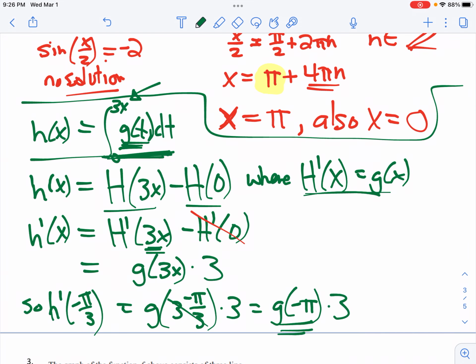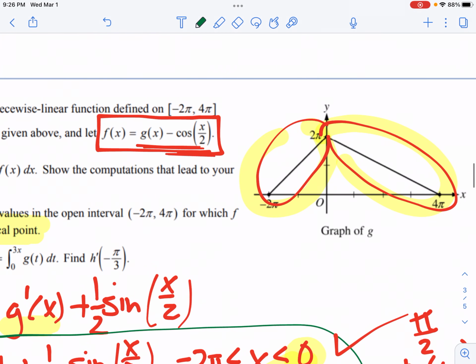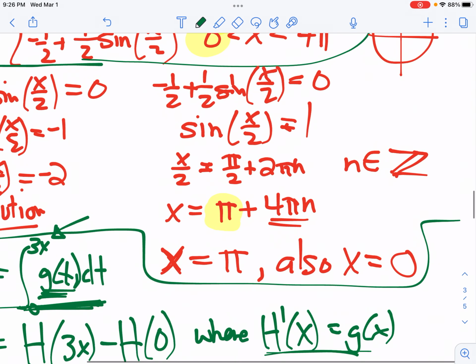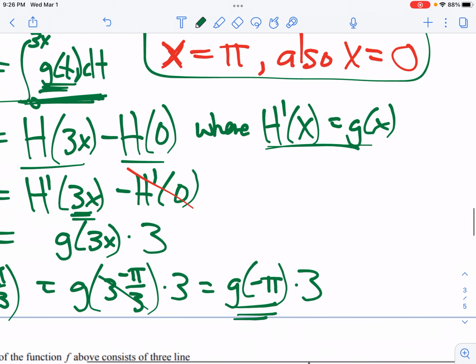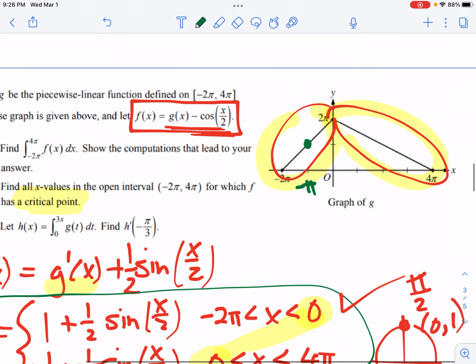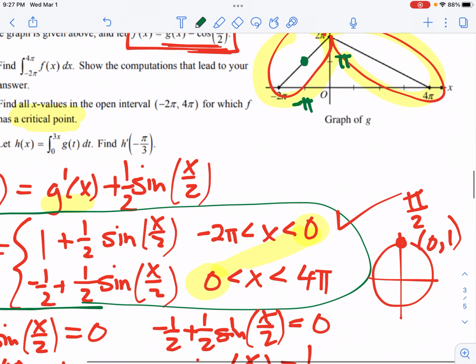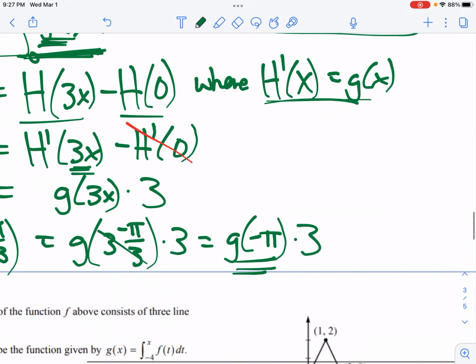To get g of negative pi, I need to go up to the graph, and negative pi is here. It looks like that output is 1. Oh wait, no, sorry, not 1. It is pi. When negative pi is the input, pi is the output. So that is pi times 3, or 3 pi.